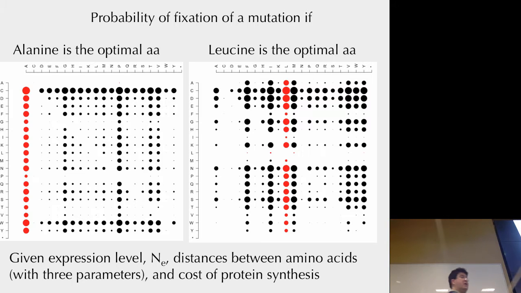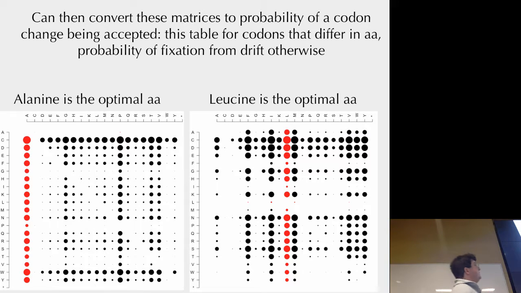And again, the only things we're using to estimate all this complexity are gene expression level, population size, those distances between amino acids, and the cost of protein synthesis. So again, we get this complex model from a few basic popgen parameters. Then you can convert these back to the codons that underlie them.